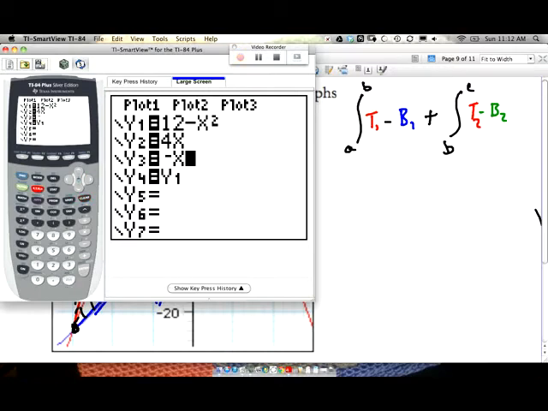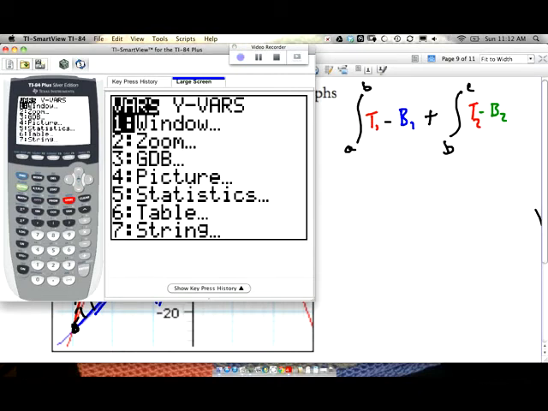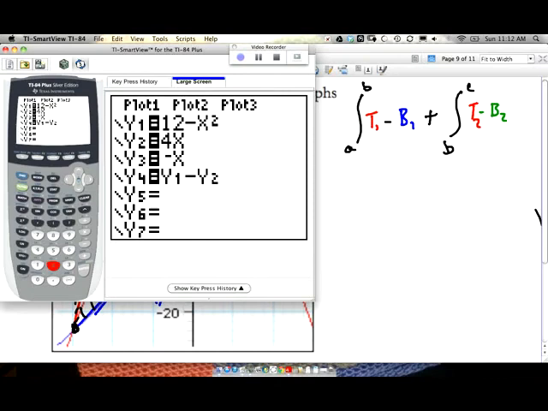We need a third function, negative x. So for the first half, we're going to do y1 minus y2, the red minus the blue, you could say. Y vars, function y2.